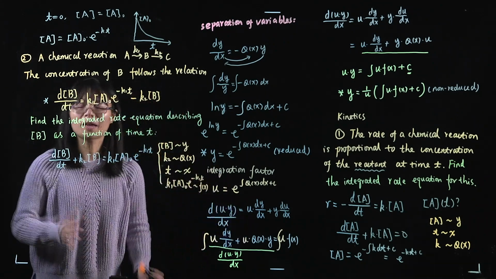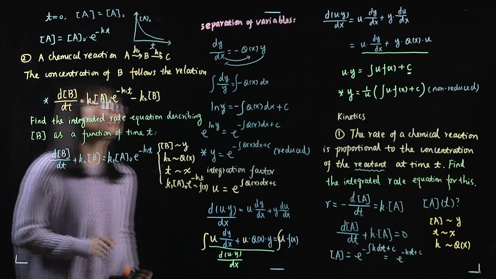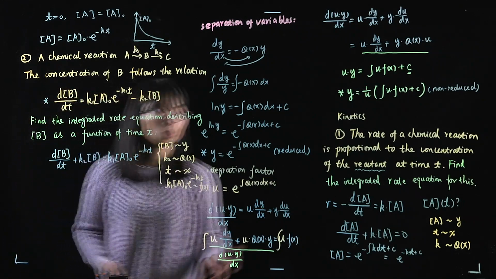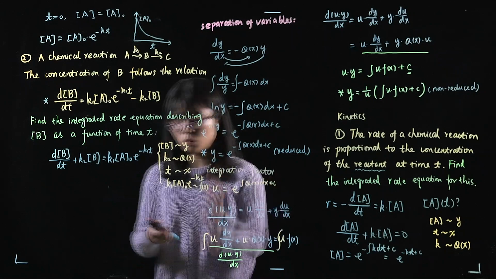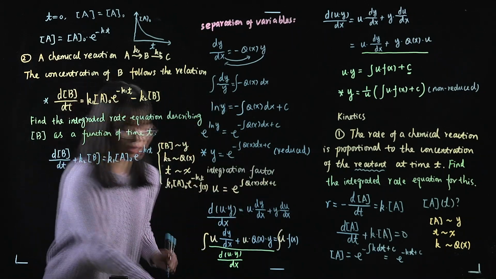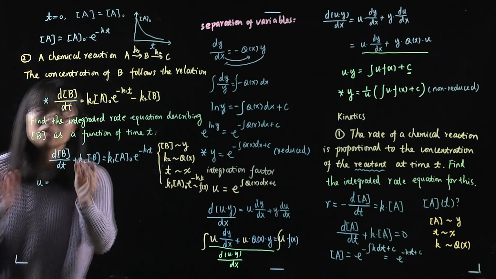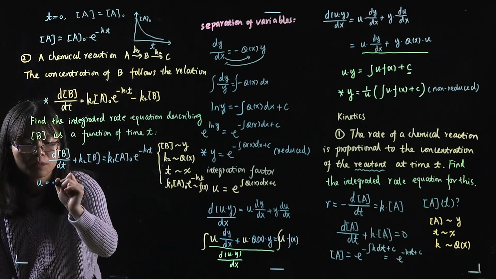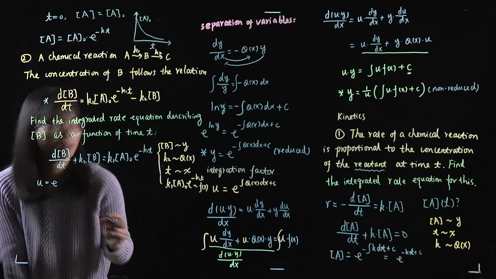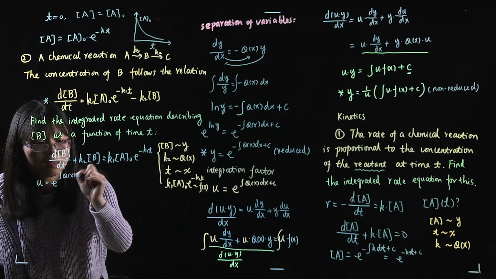Okay, so now we have the non-reduced form of the first order differential equation, and we know the trick is to utilize the integration factor u. For this specific case, we first need to find what u is, because the Q can change in different reactions, in different equations. So we have the exponential of the integral of Q of x dx.